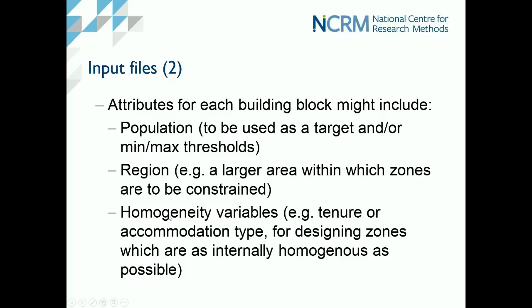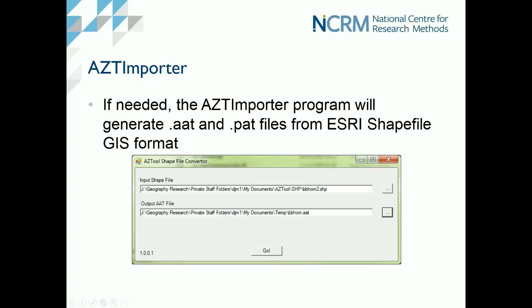So in that instance we need several variables because they come together as a homogeneity set describing the split of tenure across the zones, whereas population is just a single value and we can make more than one calculation.